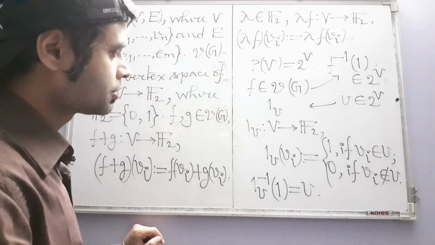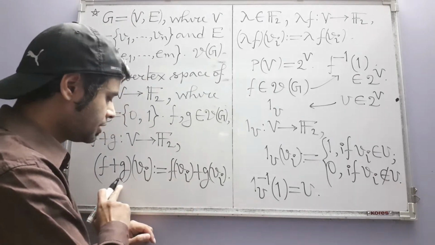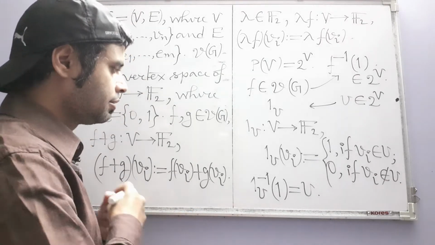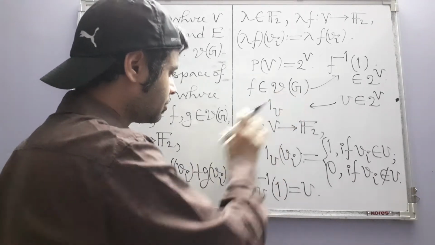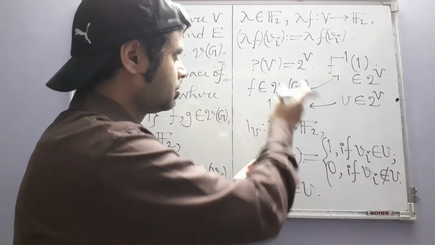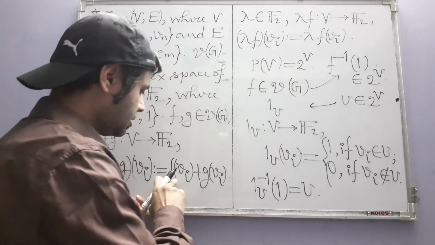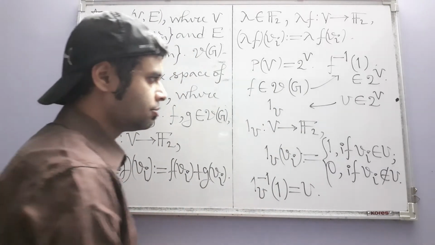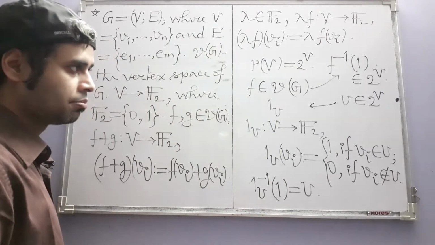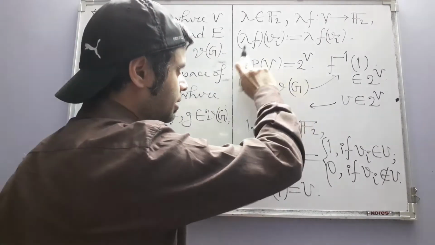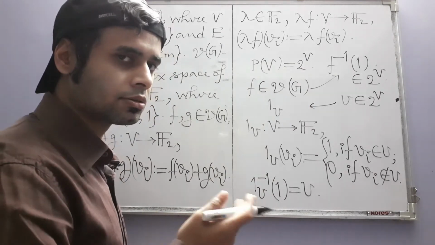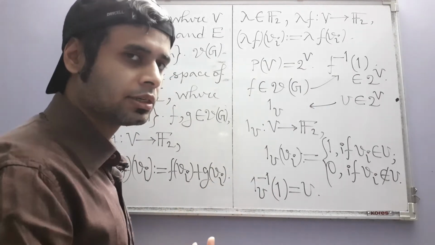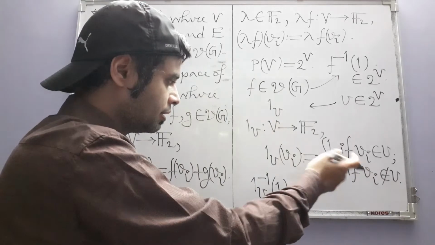Now under this correspondence, once you transition from your vertex space onto the power set of V, vector addition translates into symmetric difference, because in the power set of V we are dealing with subsets of V, so we can consider their symmetric difference.